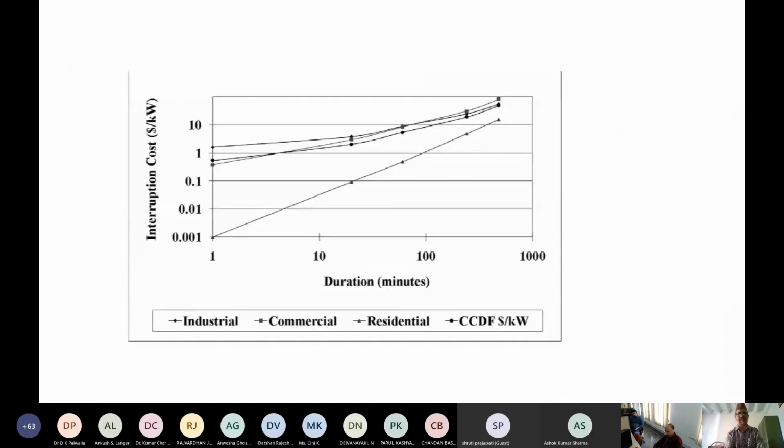And so these are the plots of that. So for different customer categories, and this is the composite customer damage function we can see here. So the lowest one, the bottom one, is for residential customers, and the top one is the commercial customer.